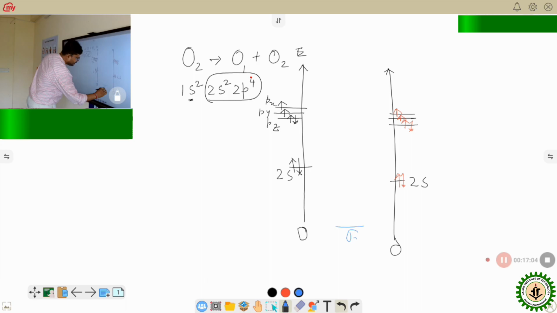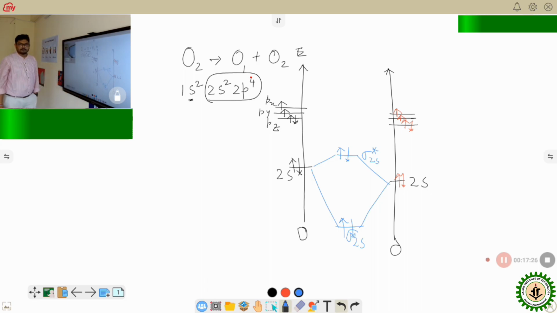Now since we have linear combination of 2s, we can have first the bonding 2s, then my anti-bonding 2s, and these two are connected with each other. 4 2s electrons are there, so I can have sigma 2s and sigma star 2s.